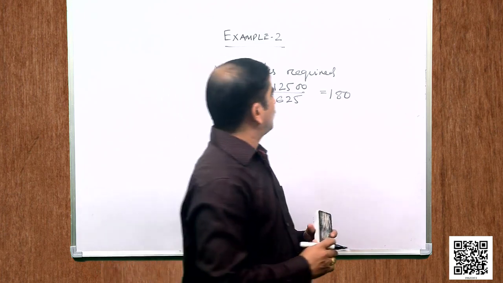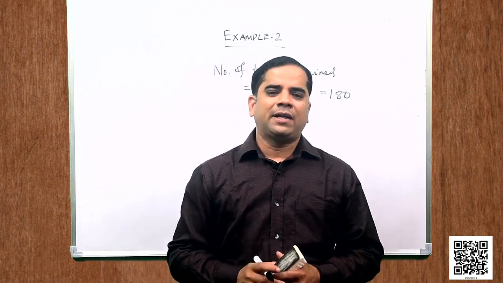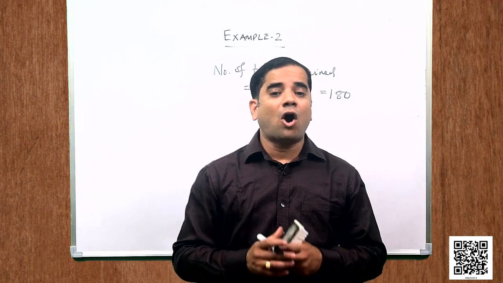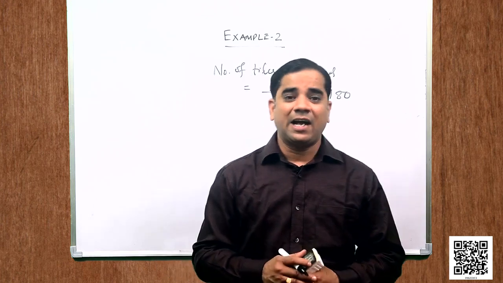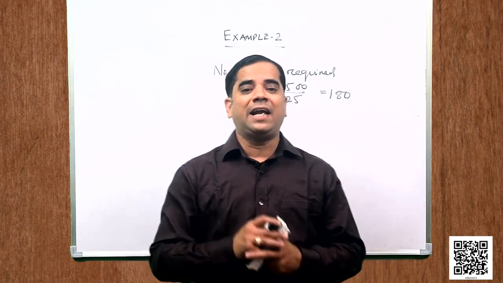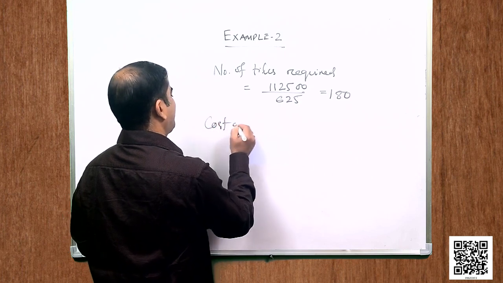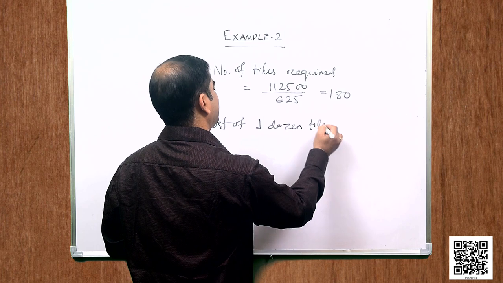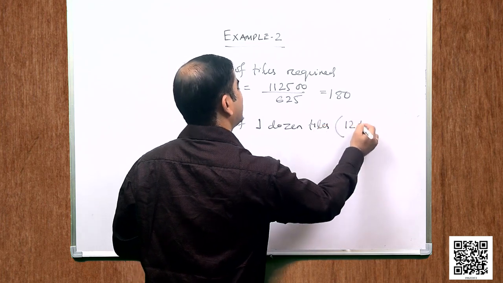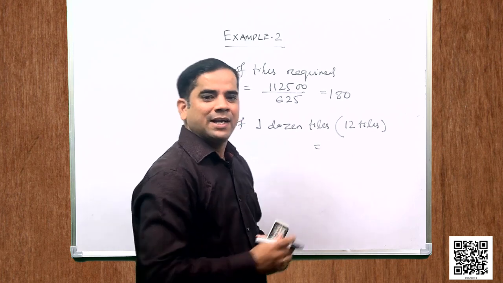Now, we need 180 tiles, but to find out the cost, we have to concentrate that as per the given data, cost of a dozen tiles is given. That means cost of 1 dozen tiles, that is 12 tiles, is equal to rupees 360.